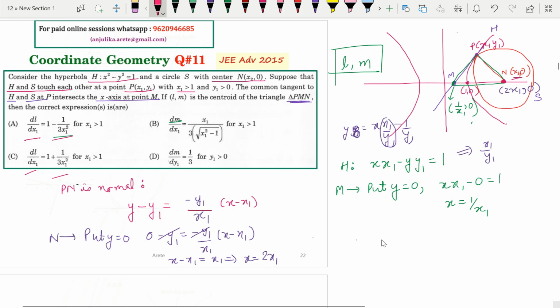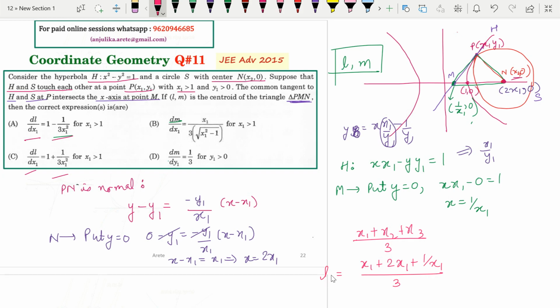Almost done, right? Because now you want to get the centroid. What's the formula for centroid? (x1 plus x2 plus x3) by 3 is the x coordinate. My x1 is x1 only, x2 is the N coordinate 2x1, plus x3, that's 1 by x1, divided by 3. This is L, the x coordinate. And what is M?